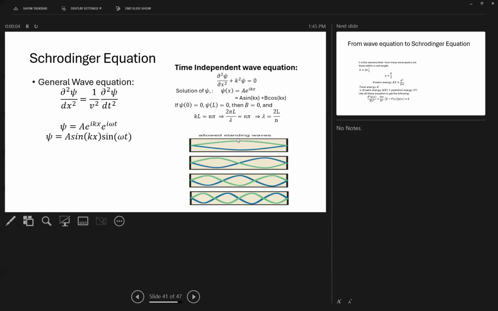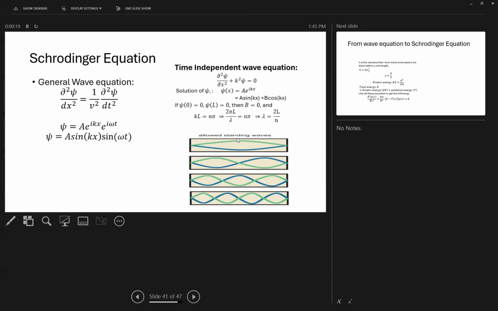So with the boundary condition, that means the psi must be 0 at the two terminals. If you apply this boundary condition, you will see that the value of k can only be some very specific value.